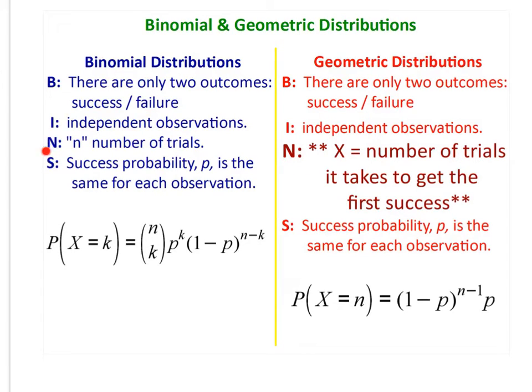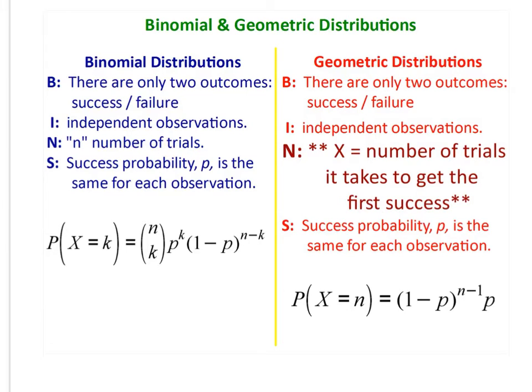For binomial, we were given a set number of trials. For geometric, what we're looking for is how many trials does it take to get the first success. For example, how many times must I flip a coin before I get my first tails? Or how many times must I roll a die until I get my first 4?